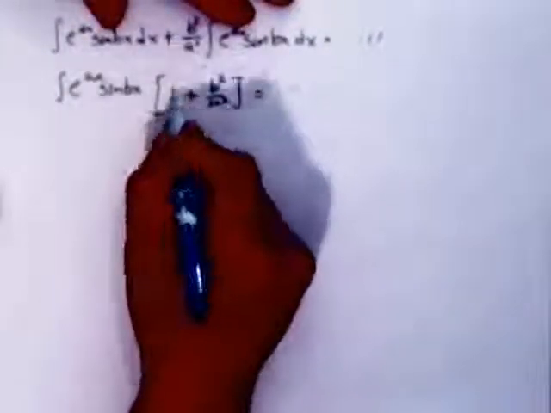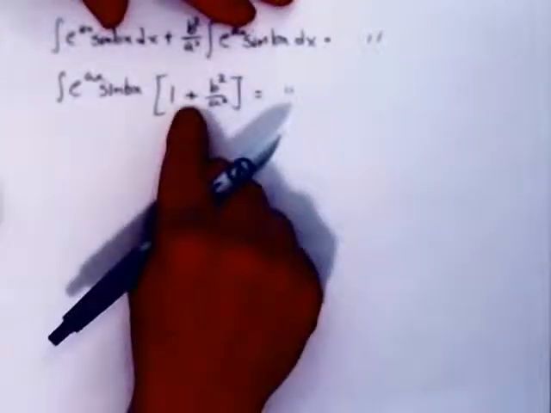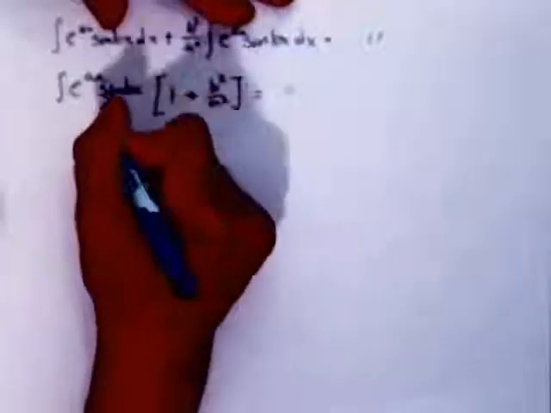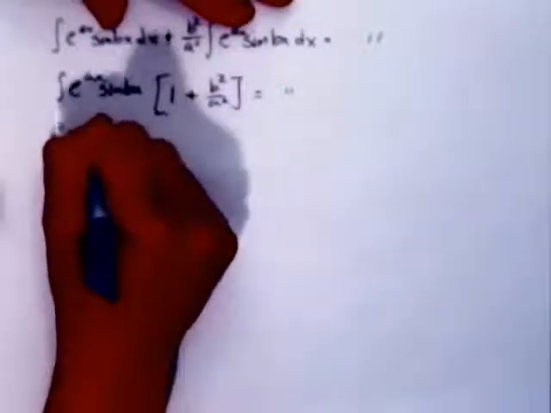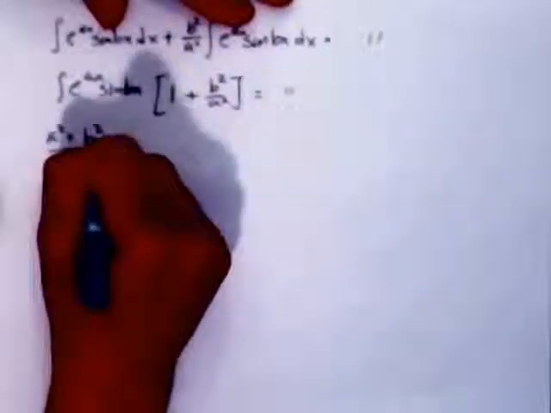Okay. Multiplying, getting into one simple fraction, that's the same thing as, I'm going to put this in the front, a squared plus b squared over a squared.